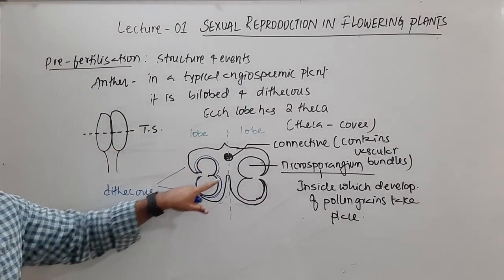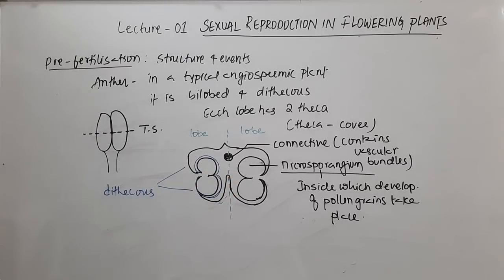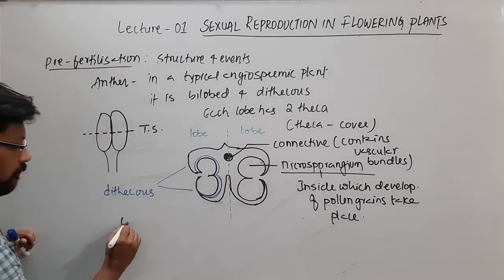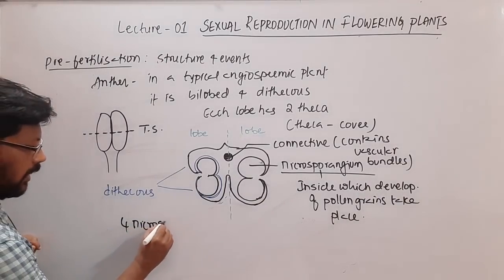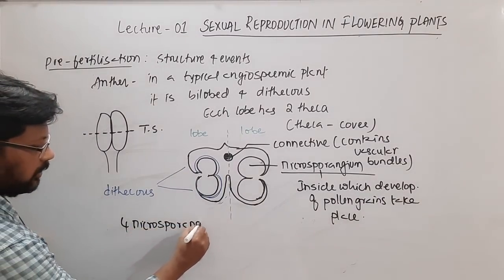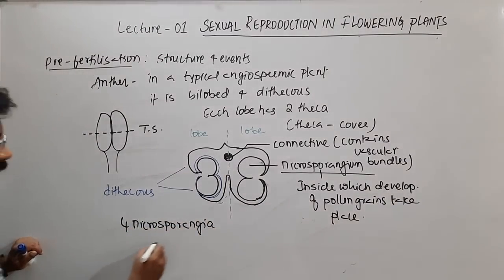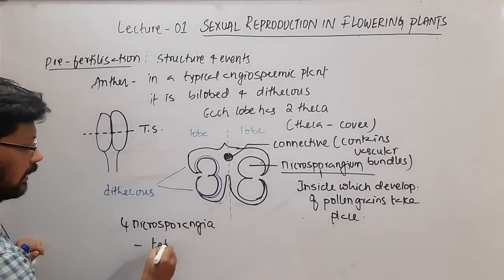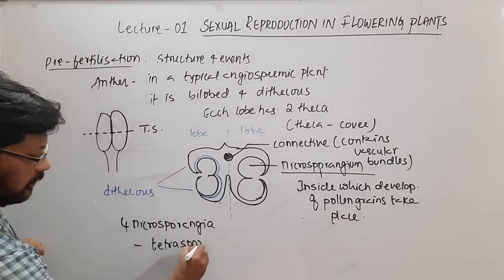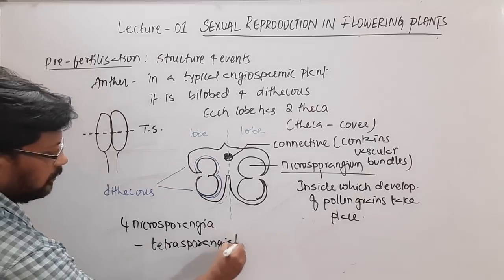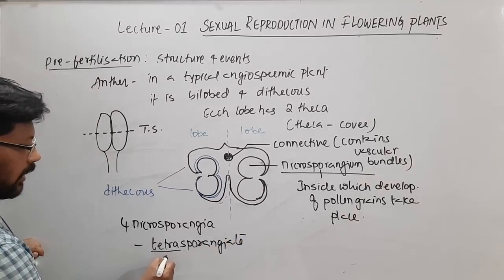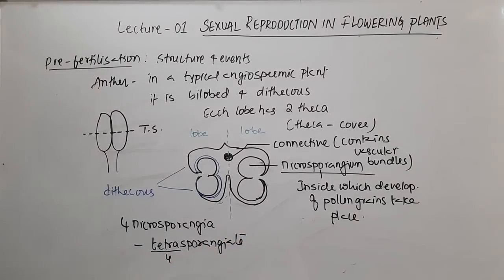You will find a total of 4 microsporangia present. Hence I call this condition tetrasporangiate, where tetra means 4, so 4 sporangia are present, right?